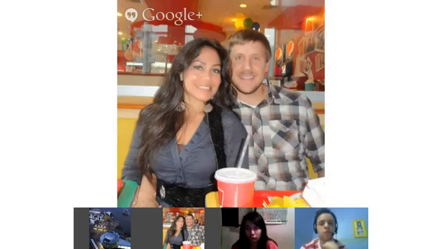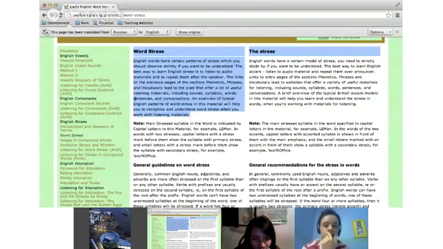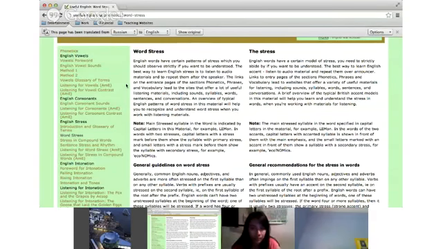Amparo, let's start off with you. Please read this first paragraph here, starting out with word stress, English words. English words have certain patterns of stress which you should observe strictly if you want to be understood. The best way to learn English stress is to listen to audio materials and to repeat them after the speaker.